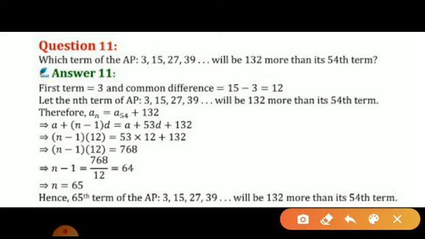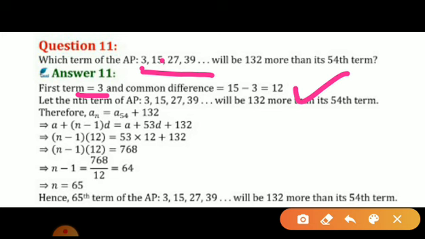Now whenever you need to find such things, you need to have the values of a and d. So you have been given the AP. If the AP is given to you, then you can find the first term and the common difference. So here my value of a is given to be 3 and the common difference is 15 minus 3, that is equal to 12.